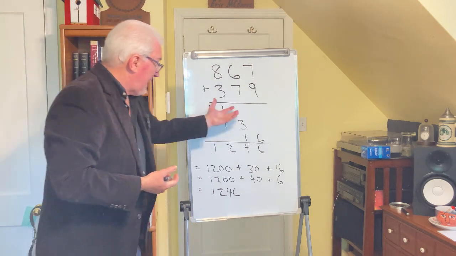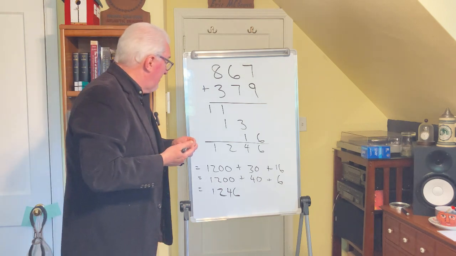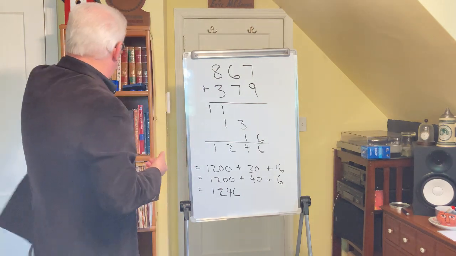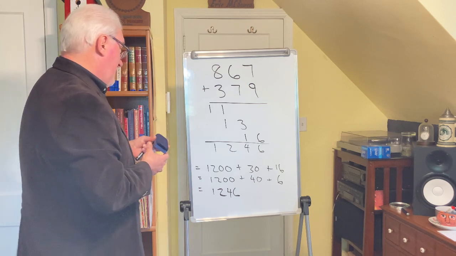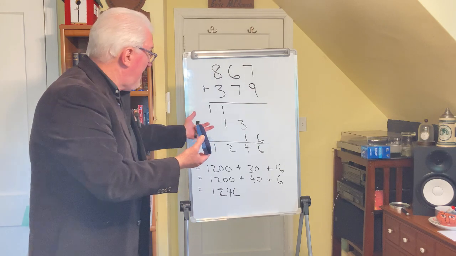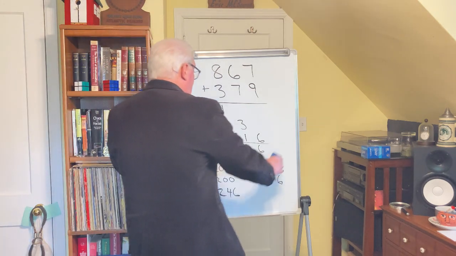Now, this seems to take up a little bit more space than we might need to take up. So I will do this one last time just to show you how I might go through exactly the same process, but in a shorter amount of space.